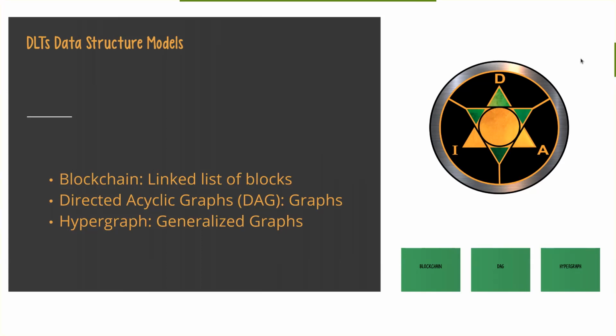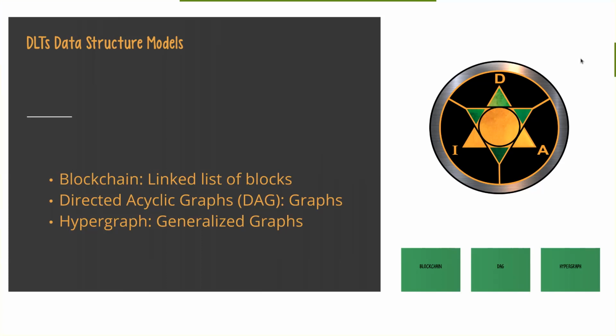So we basically have three more common data structures, which are blockchain, which basically translates into a linked list of blocks. We have directed acyclic graphs, which send us back to the concept of graphs in mathematics.